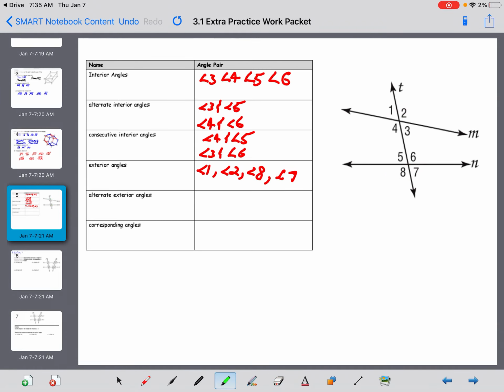Alternate exteriors are on opposite sides of the transversal, so angle 2 and angle 8, as well as angle 1 and angle 7.